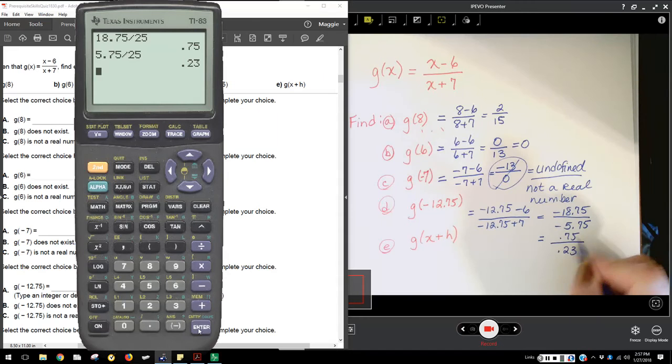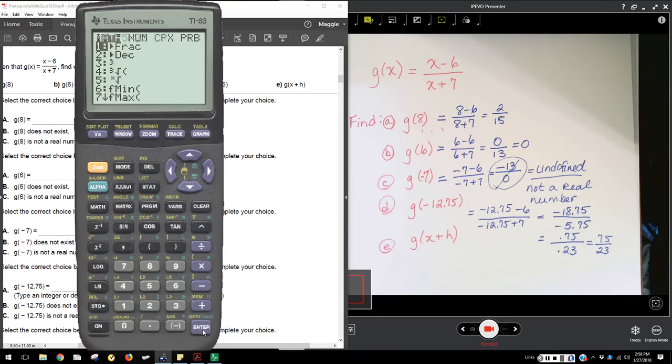And those don't have any more common factors, but I could remove the decimal by moving the decimal 2 places to the right in both and getting 75 over 23. And just to make sure it doesn't reduce, I'm going to say 75 divided by 23, math, fraction, enter, and it comes back with the same thing. So I know that is the answer in lowest terms.